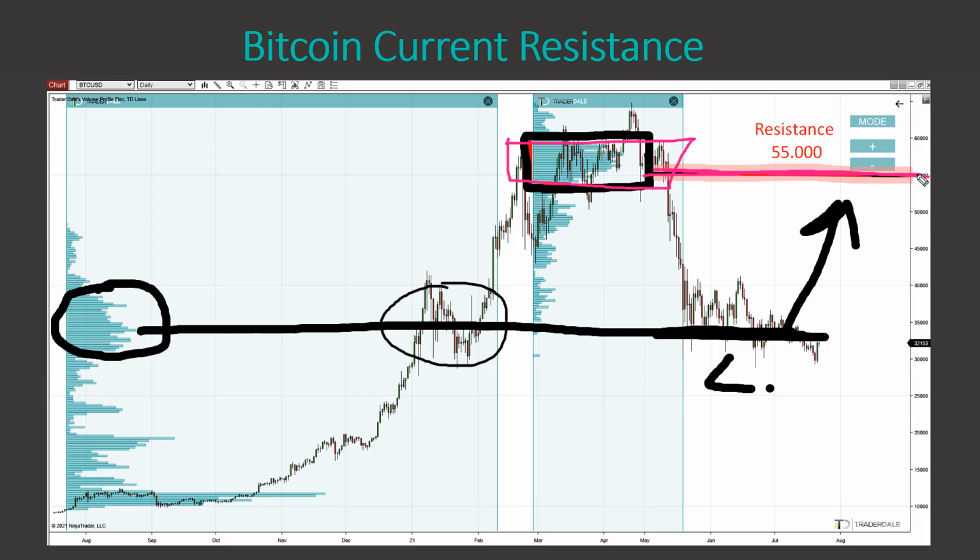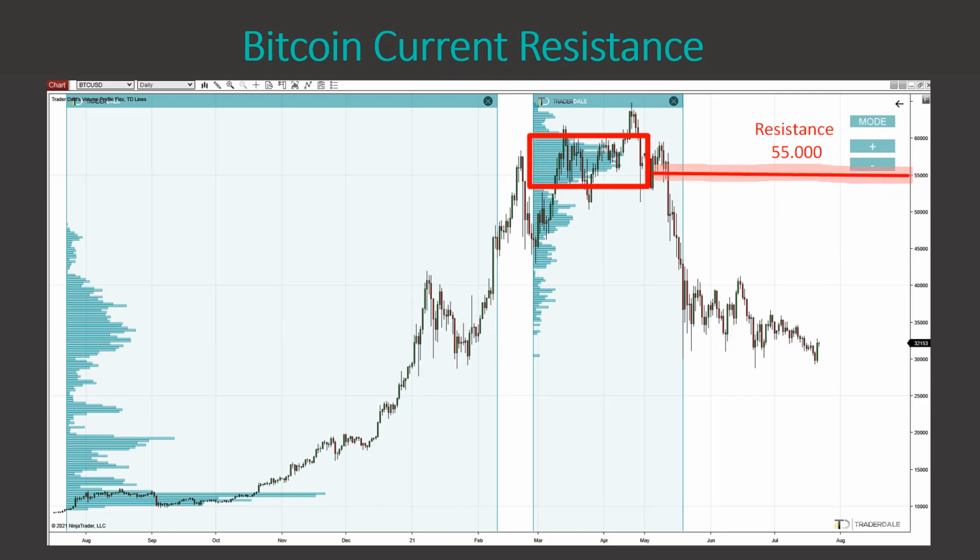Now, if you want to shoot for the stars with Bitcoin, then at least quit something, I would say a third or half of your trade in here, because this could work as a potential and strong resistance. The price could react to it, and it would be a shame to hold your full long position through that. So this is the strong resistance standing in the way.